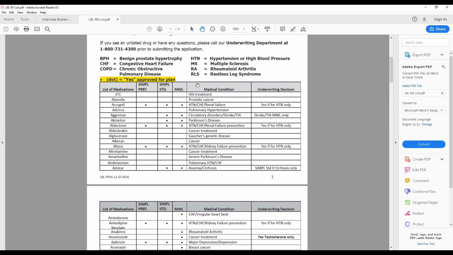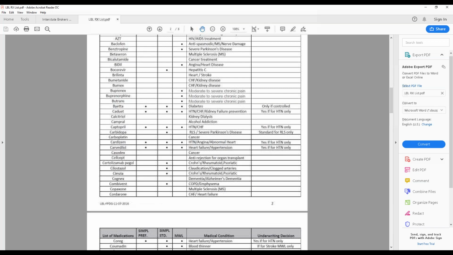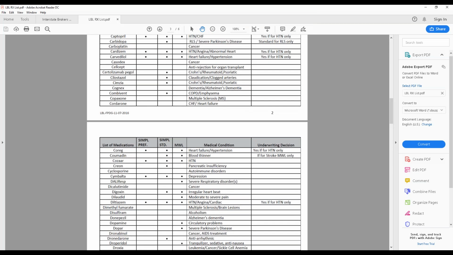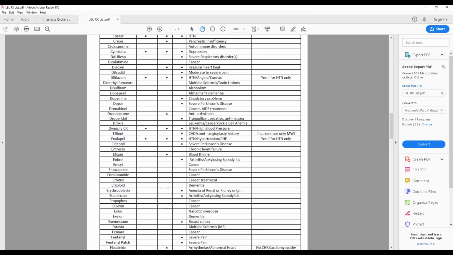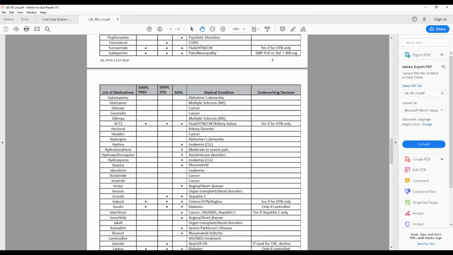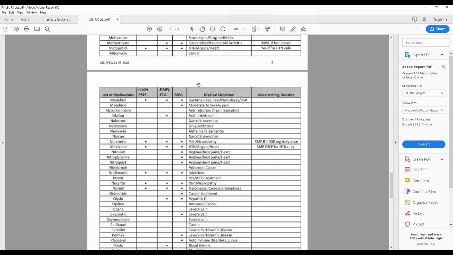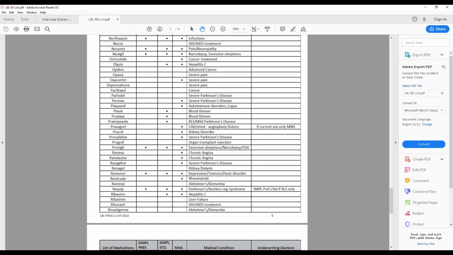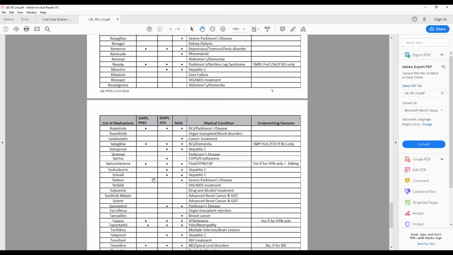Again, we're working with a 92% success rate using the tool, but you always want to have a system of checks and balances in. And you always want to take a look and see how the different medications are stacked up. And Spiriva was the one medication that I threw out there that was pretty much on the fence.